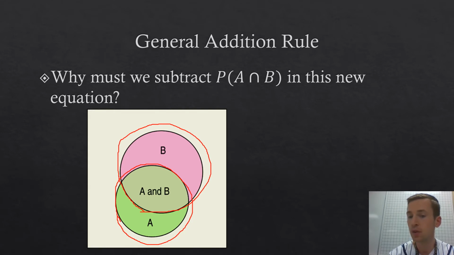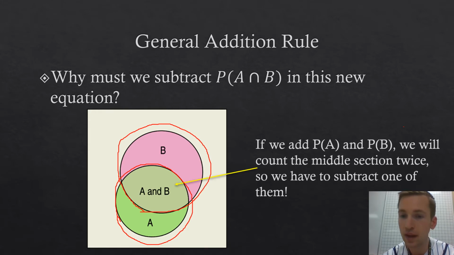So when we're looking for the probability of A or B, and there is an overlap between the two events, we cannot have it where we don't subtract the middle portion. In other words, we can't count that twice. So that's why when we do A, then add B, we actually find that intersection twice. So when it comes to that general equation for addition, that is why we have to subtract the middle piece. So here, if we add probability of A and probability of B, we will count the middle section twice, which means we have to subtract one of them.